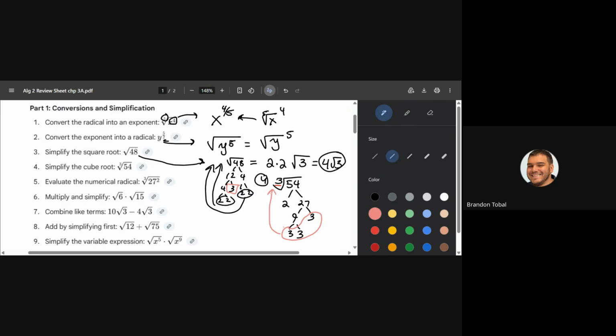Since I'm drawing one arrow, that's only one 3 that gets to leave. So 3 on the outside, little 3 in the root, and whatever is left inside, in this case just a 2. So the final answer is 3 cube root of 2.